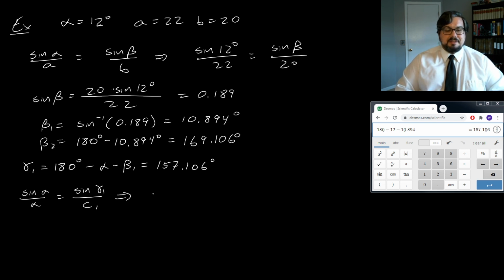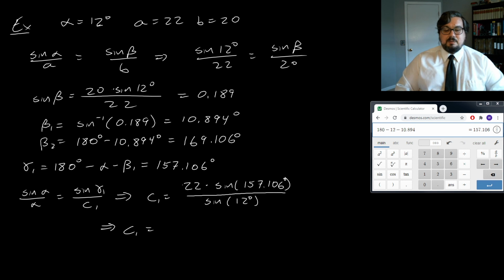which gives us that C1 is going to be equal to A, which is 22, times sine of gamma 1. Gamma 1 is 157.106, divided by sine of alpha, and alpha is 12. These are degrees.